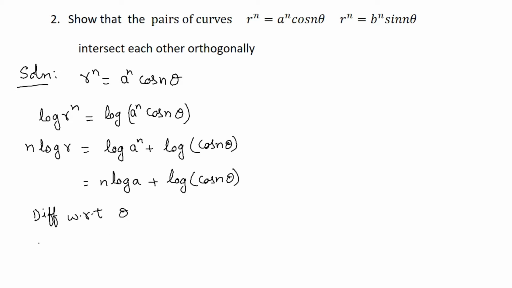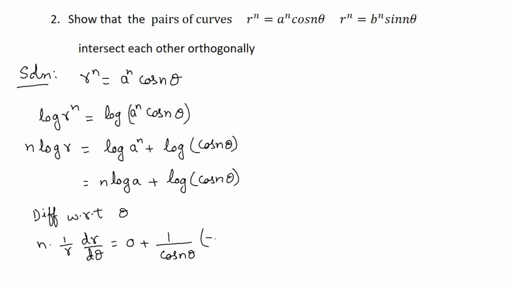So n as it is, derivative of log of r will be 1 by r into dr by d theta. That is equal to n log a, differentiation will be 0, plus next term log differentiation will be 1 by cos of n theta into differentiation of cos, which will be minus sine.